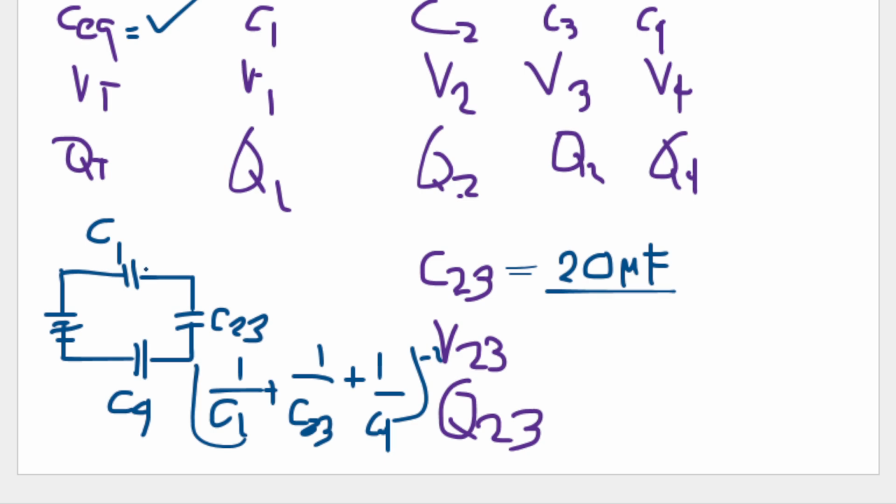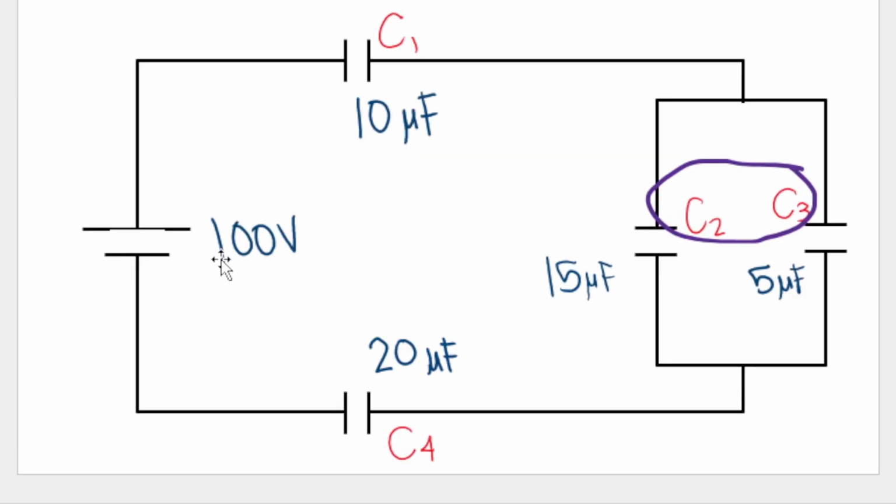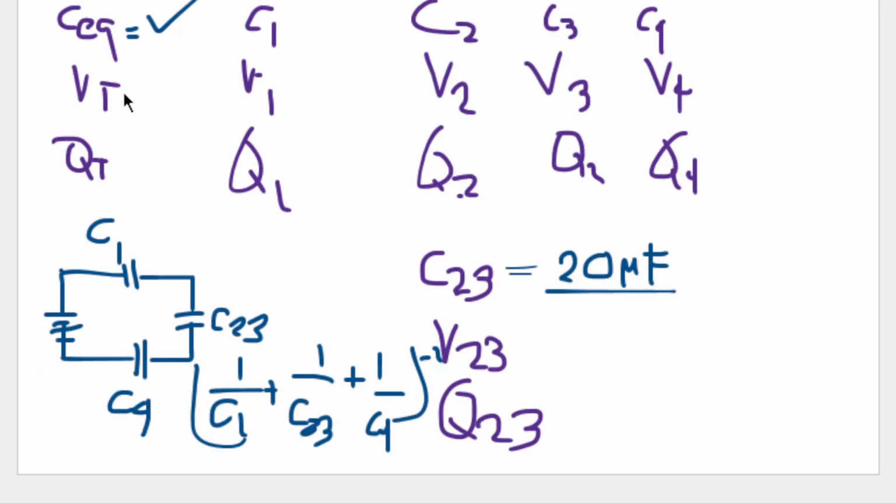Now, how about the VT? Our VT is 100 volts. Now, they are in series, so it means we still need to find the QT.